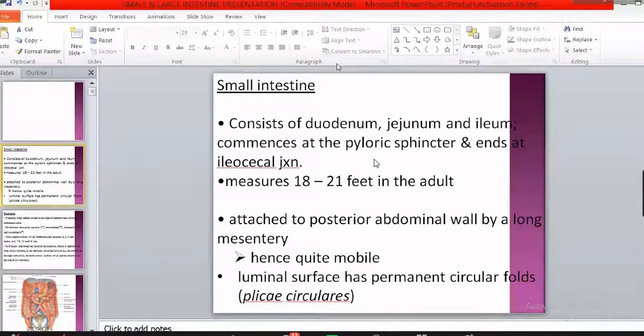Last session, we talked about the stomach, and we want to start on the small intestine, the rest of the gut: small intestine, large intestine. Are there any questions from the previous lectures, or somewhere where anybody did not understand and wants a recap?